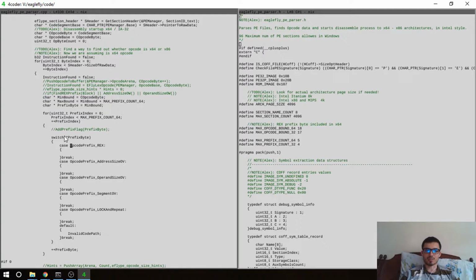The spec doesn't specify any ordering in that sense, just that they have to be before the opcode-specific 3-byte definition, and the REX prefix has to always be the last prefix, if any, just before the opcode itself.